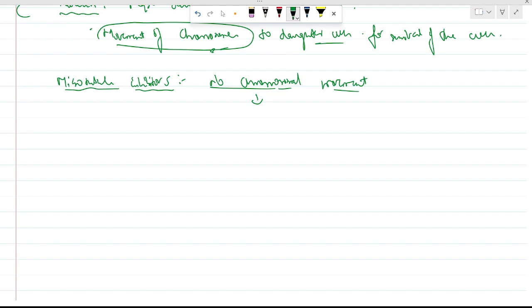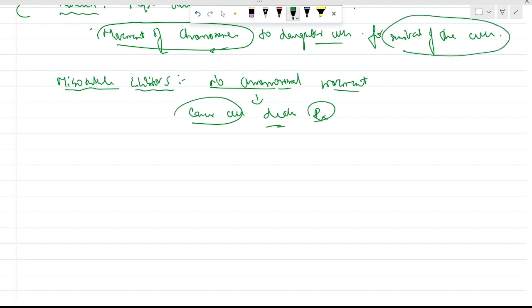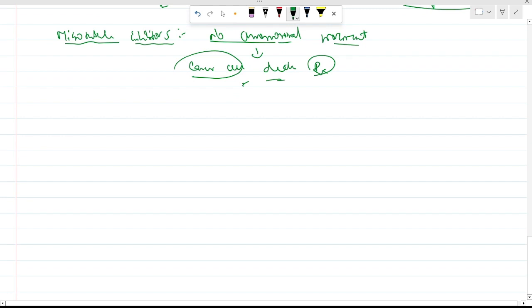This is important in cancer treatment. As the movement of chromosomes is required for the survival of the cells, no chromosomal movement can lead to cell death, in this case cancer cell death, which is often used in the treatment of cancer.